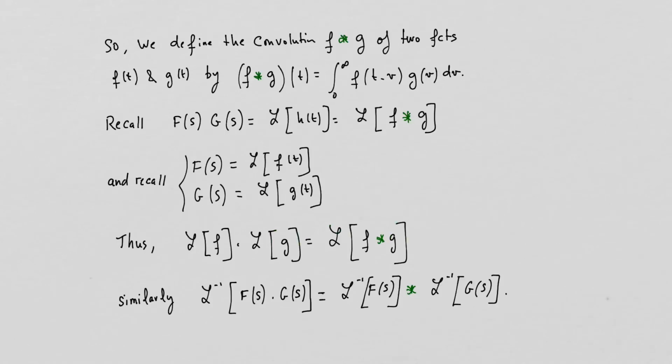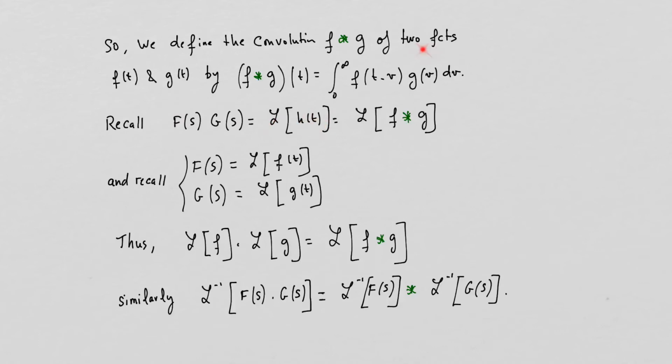So we are going to define the convolution of f star g as this. This is your h of t basically. But this h of t does involve function little f and function little g. So we're going to define this product in this format. So remember, F of s times G of s is Laplace of h of t.